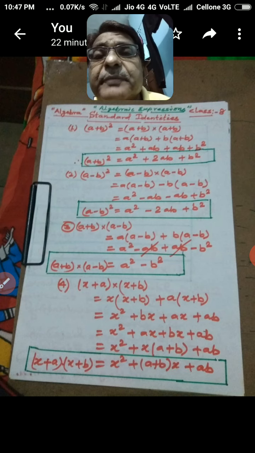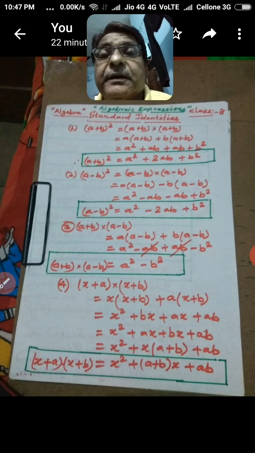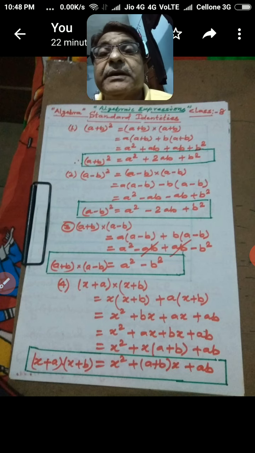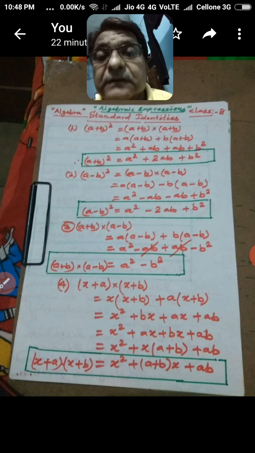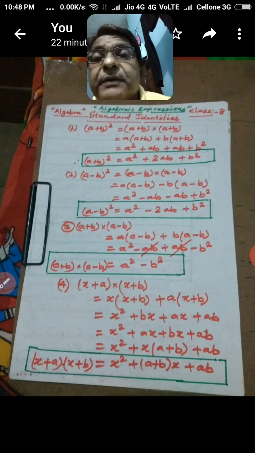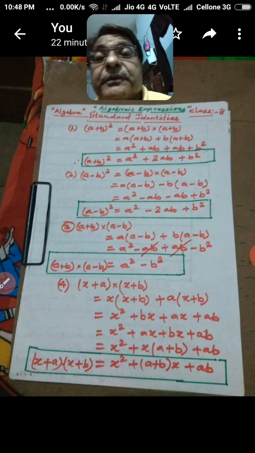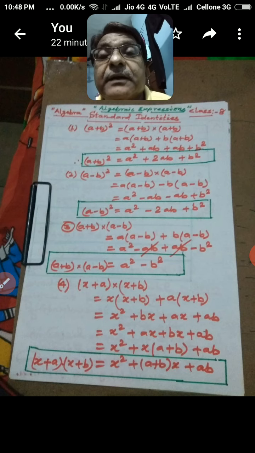So these are some basic processes, basic operations which we usually perform everywhere, whether it is operation on numbers, on whole numbers, on integers, on rational numbers, and now we are doing operations on algebraic terms and expressions. Okay, students, so we will have detailed ideas about algebraic expression.